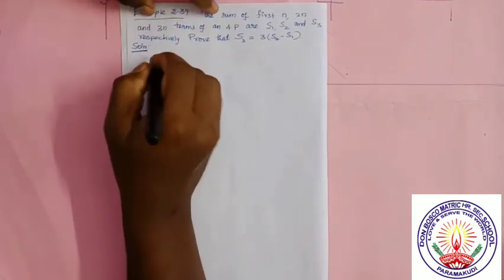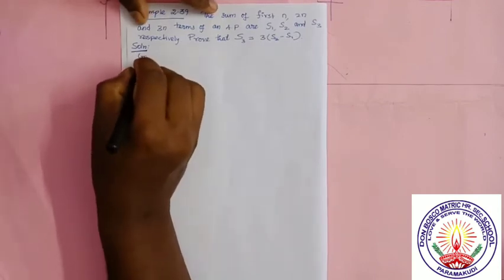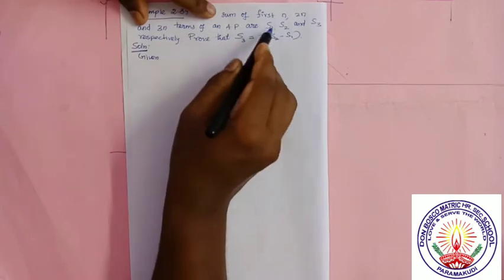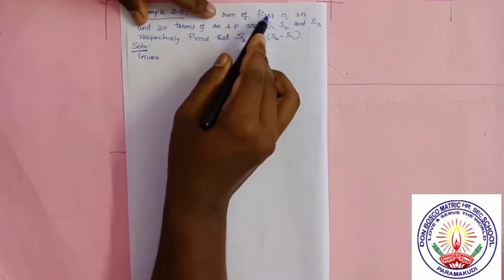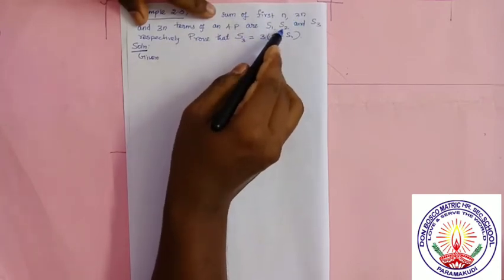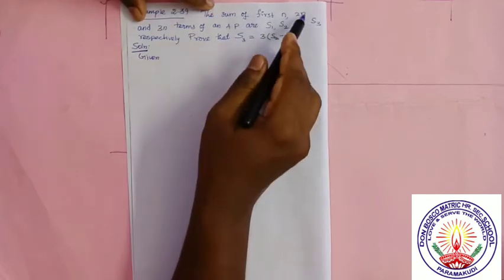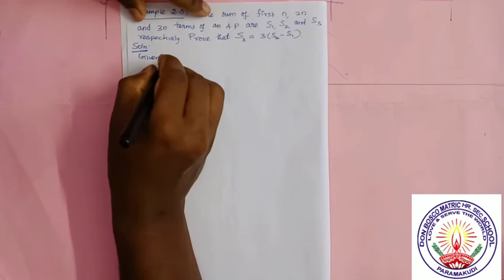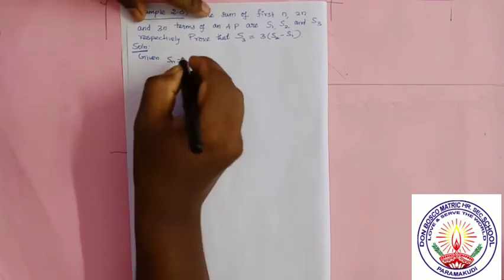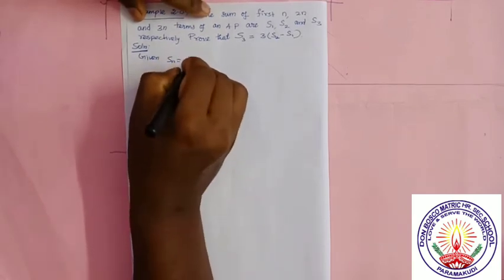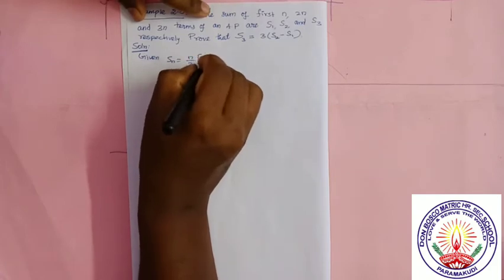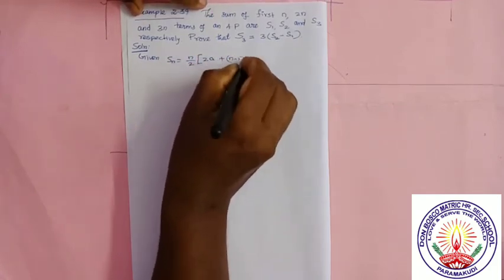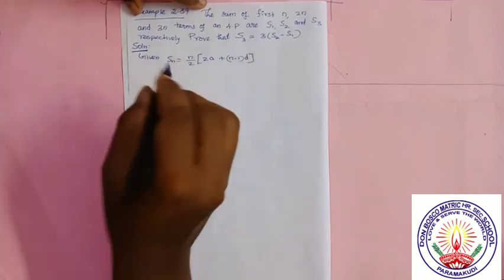So let us write the given details. What is given? The sum of the first n terms is S1. The sum of the first 2n terms is S2. The sum of the first 3n terms is S3. So we know that Sn is equal to n by 2 into (2a plus (n minus 1) into d).